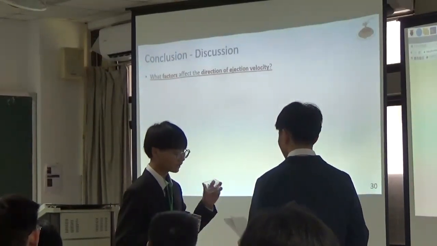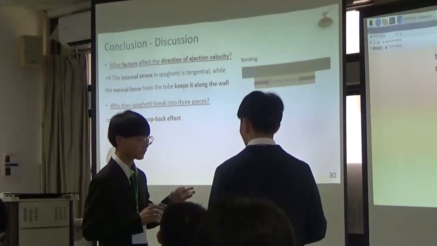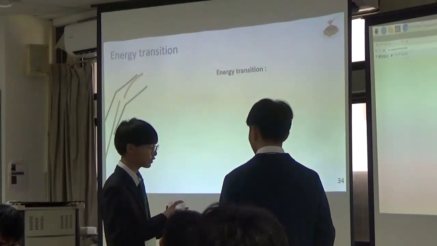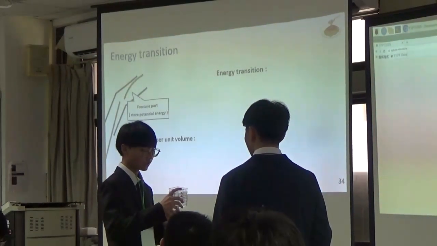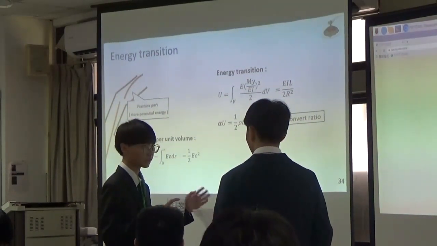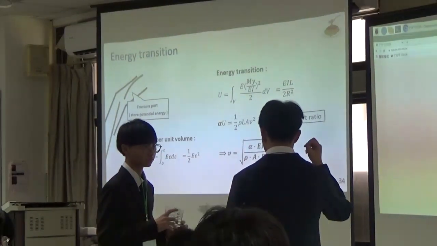Although the 25 bending angle spaghettis will be shorter and the value will be smaller, the kinetic energy generated by the 25 bending angle spaghetti will be bigger.